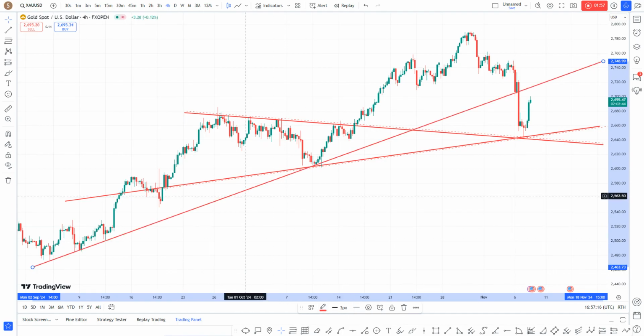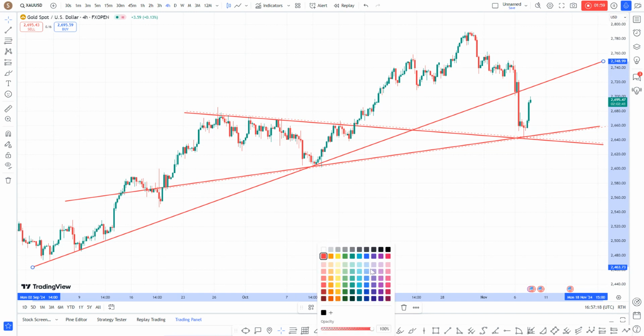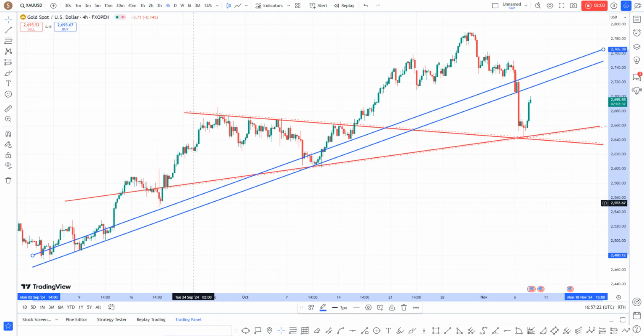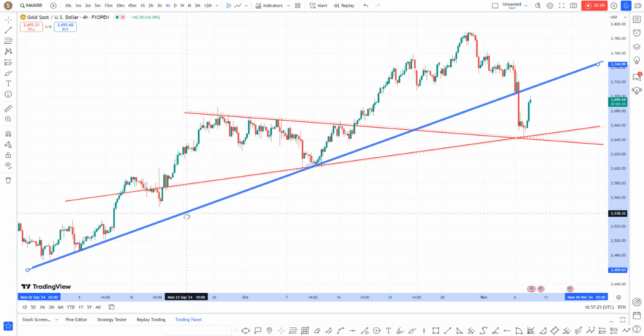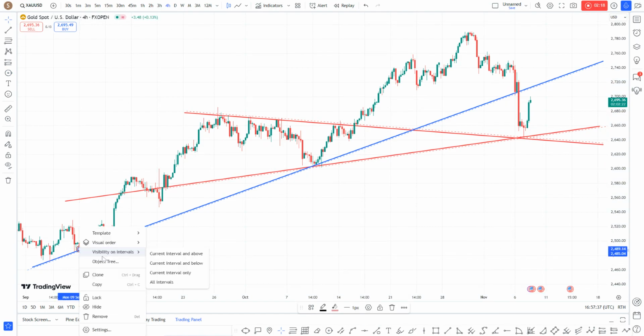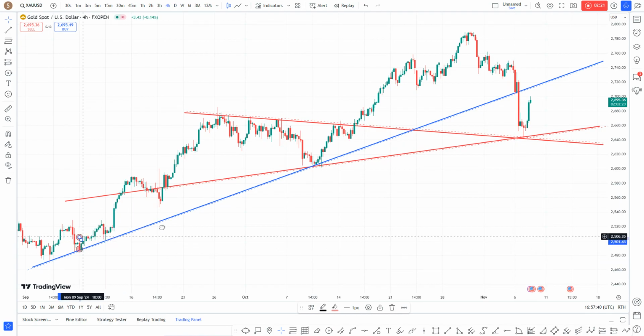So what we're looking at here, we have a blue ascending trend line, a dynamic support structure that has kept price on the buying side. The structure is broken, so we want price to retest a broken demand floor.